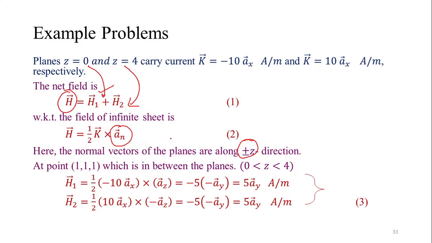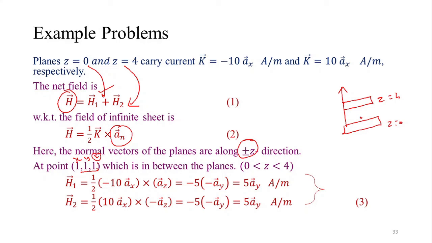Now we have the planes. This is the z equal 0 plane and this is the z equal to 4 plane, and the observation point is at z equal to 1. The first point is (1, 1, 1), where x, y, z has z equal to 1, so it lies between the two surfaces.